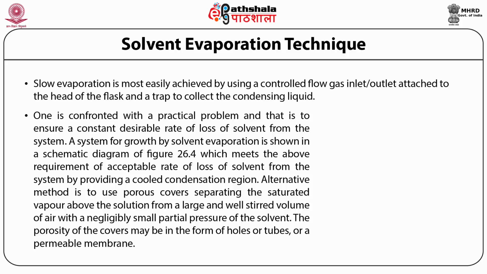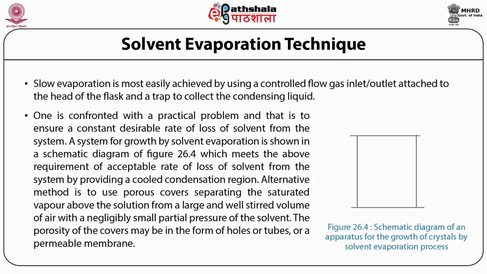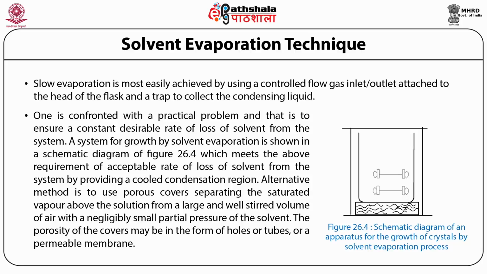A system for growth by solvent evaporation is shown in the schematic diagram of figure 26.4, which meets the above requirement of acceptable rate of loss of solvent from the system by providing a cooled condensation region.